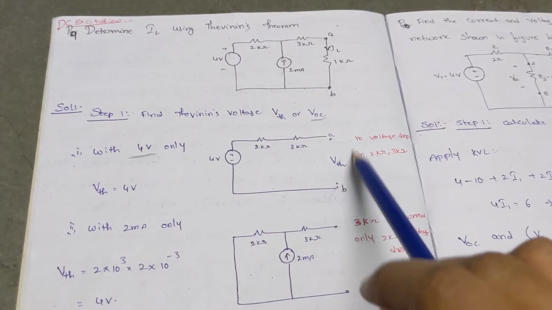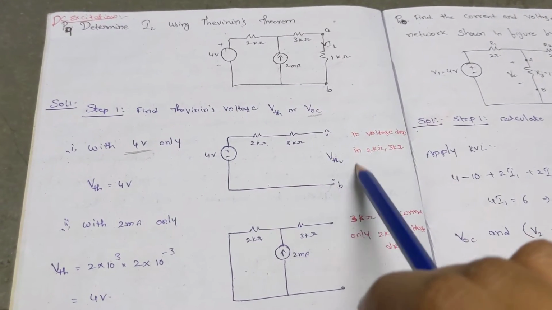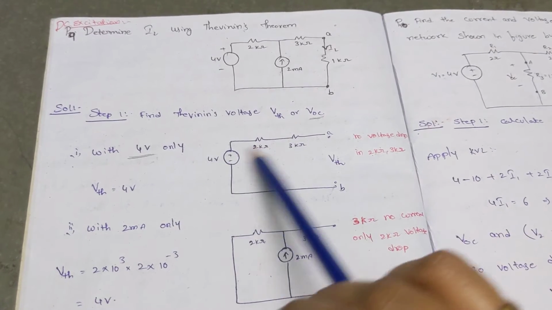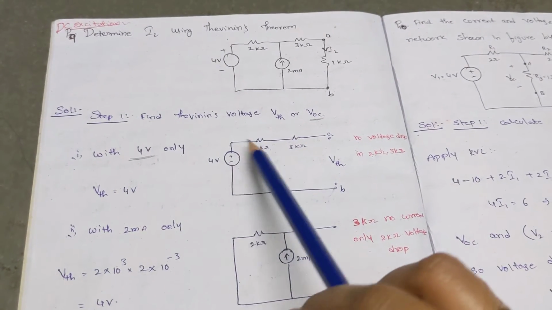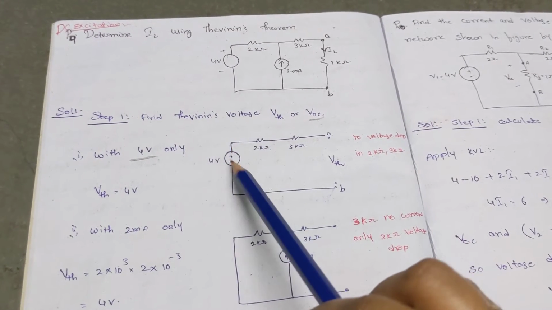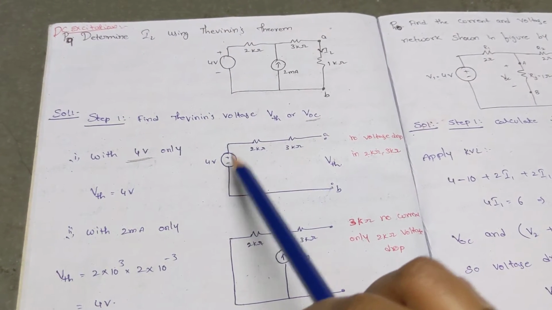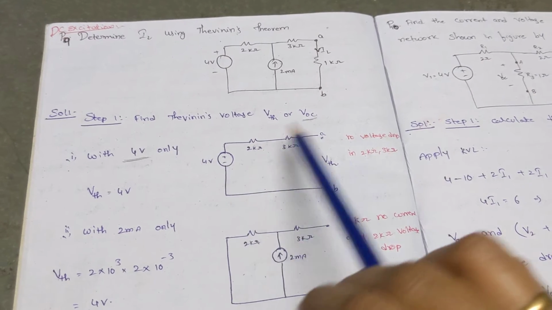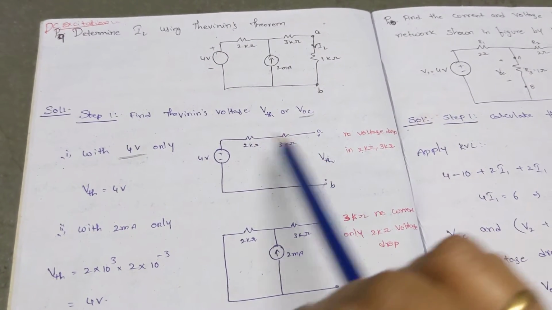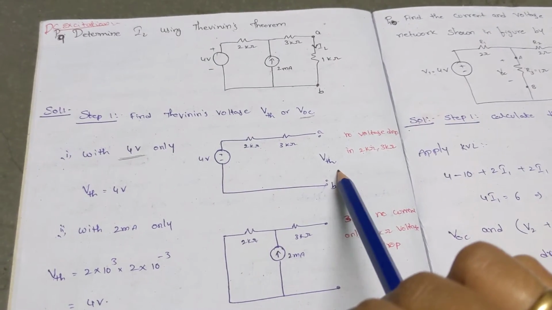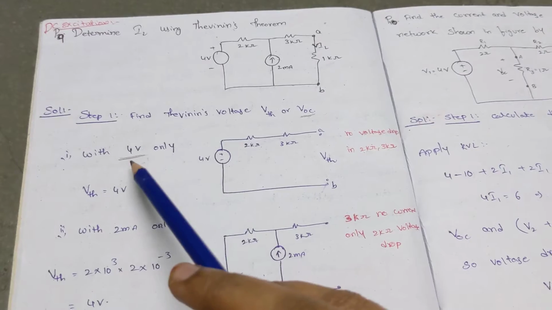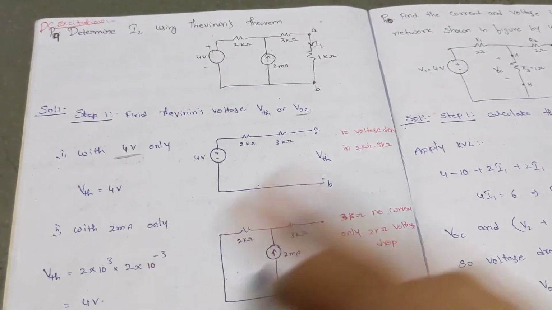This is an open circuit. Since it is an open circuit, no current is flowing through the circuit, so this will be a redundant element. So whatever the voltage source appears here, the same voltage will appear across this parallel branch also. So VTH will be 4 volts for case 1 consideration.